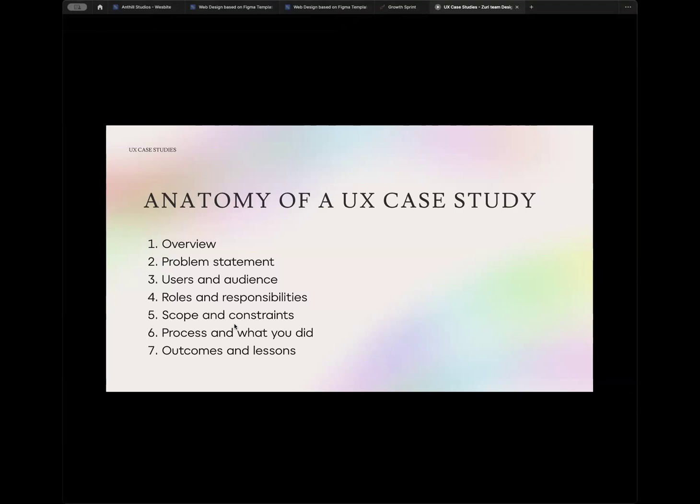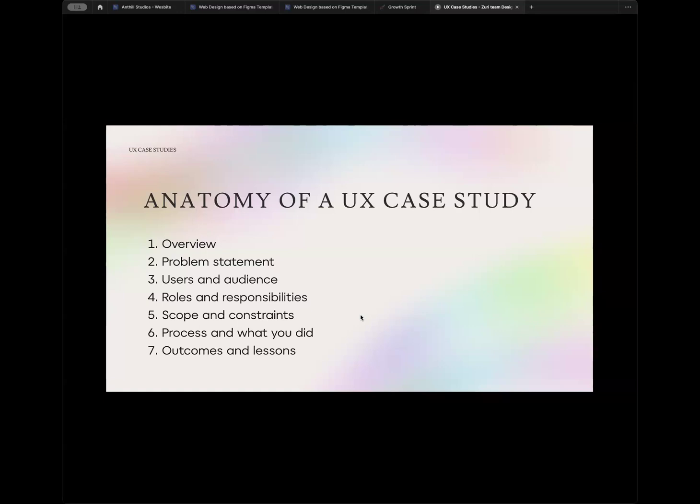Then talk about scope and constraints: are there unique or limiting factors I experienced, like the budget, the timeline, issues with time zones, what were the issues that were faced? Then you talk about the process, which is a step-by-step rundown of what you did and why you did it. And then the outcome: what happened in the end, goals achieved, lessons learned, and everything.